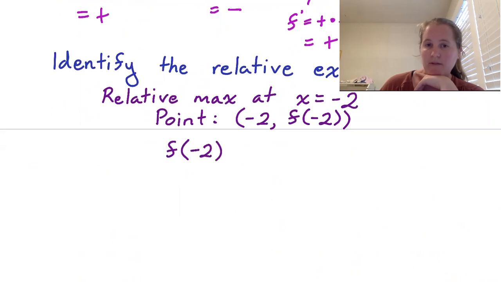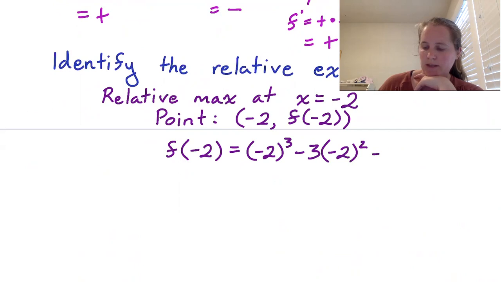So f of -2 would be -2 cubed minus 3 times -2 squared minus 24 times -2 plus 9.